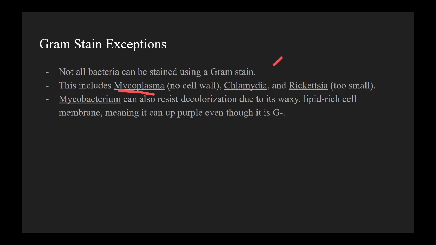Then Chlamydia and Rickettsia are extremely small bacteria that have trouble taking up this dye as well. These are parasites, since they can only survive within host cells. They don't float around on their own. They're always within a host, which is why they're very small.